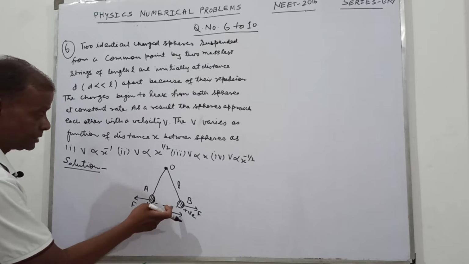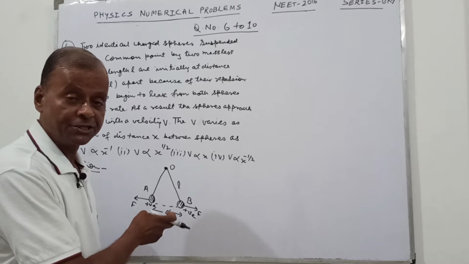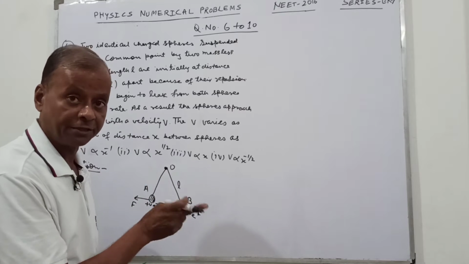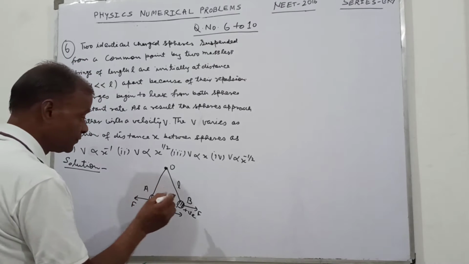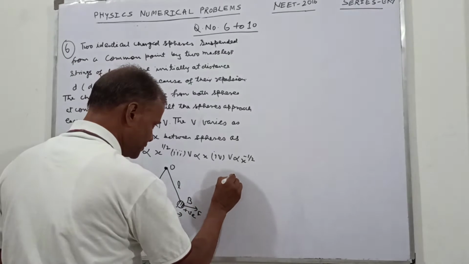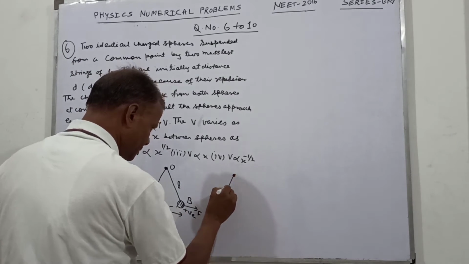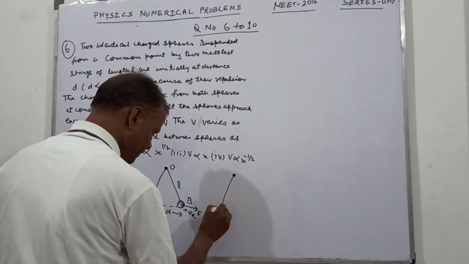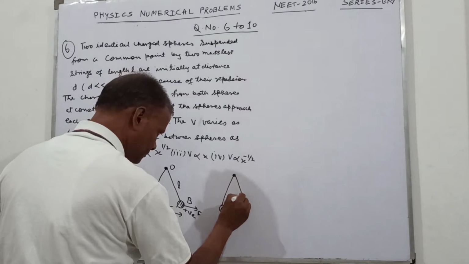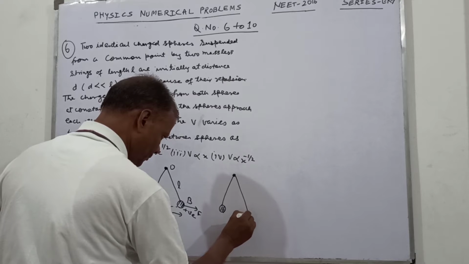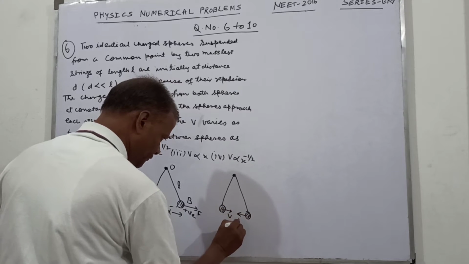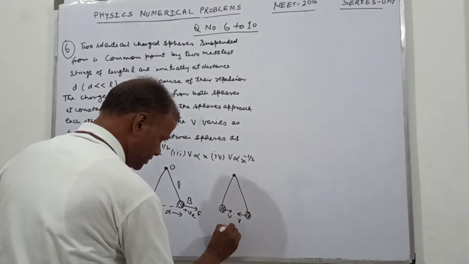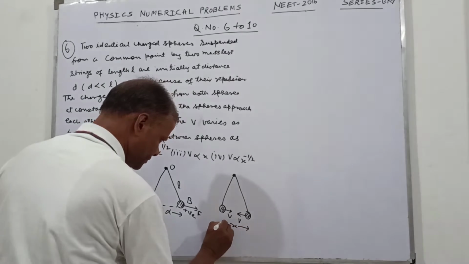And now what happens? The charge from these spheres starts to leak at a constant rate. Because of the leak, they now come close to each other with a velocity v, and the distance between them is now x.